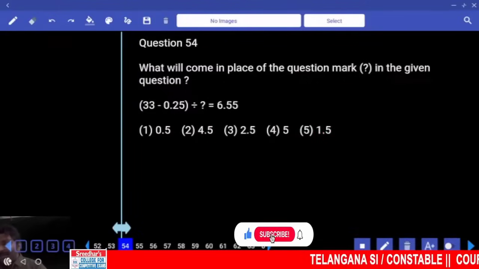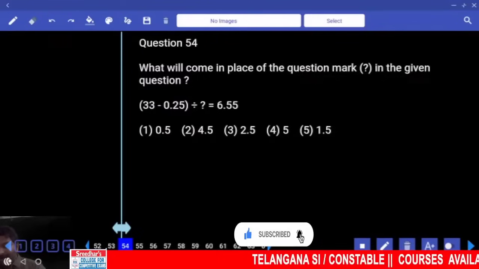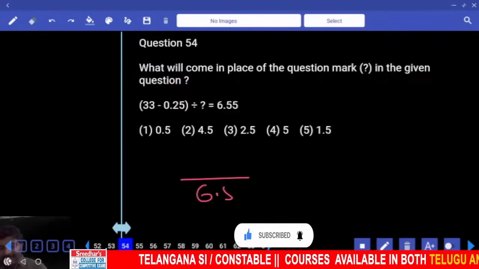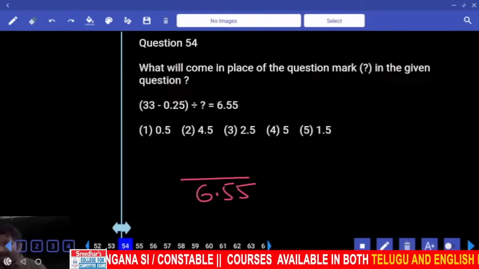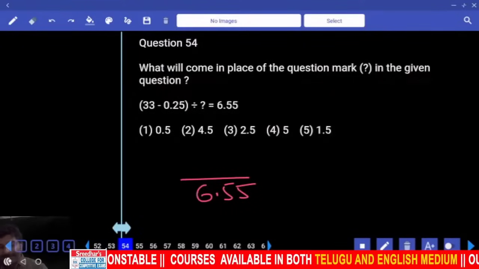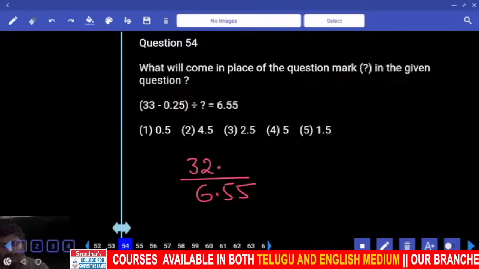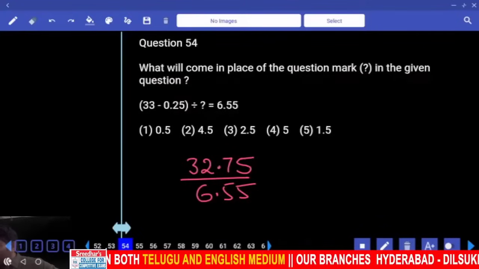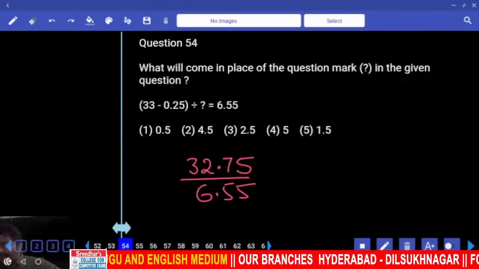Divided by x goes to the other side. Come on. And right hand side number comes to left hand side, denominator it is 6.55. From 33 if you subtract 0.25, it will be 32.75. Done. In both numerator and denominator there are 2 digits after decimal, so forget about decimal.